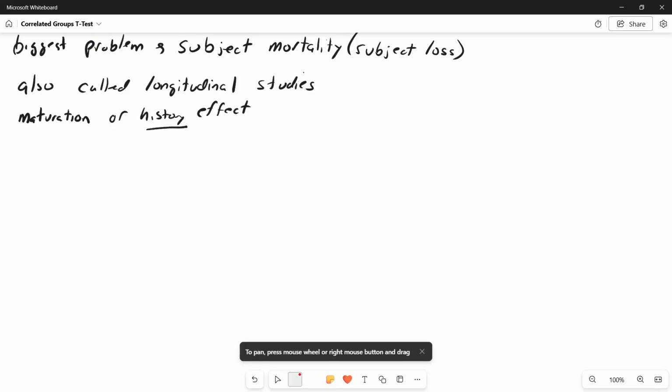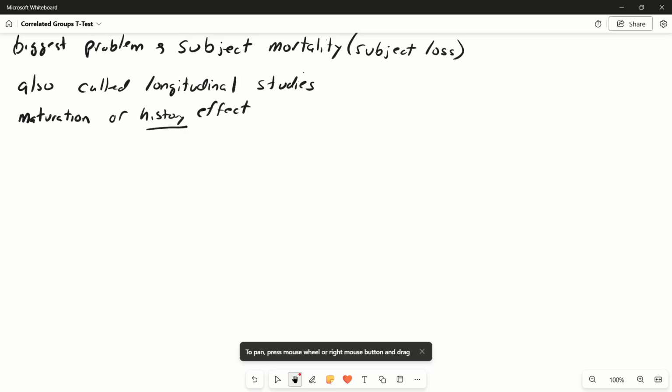Well, that's an effect of history. So something is intervening, and that's going to affect the results of the study. So can I really tell the difference if some kind of significant event happens between the before and after? That significant event is going to alter the study. Or even maturation, this is more common when we have multiple sessions and the participant gets tired because you're giving them multiple sessions.